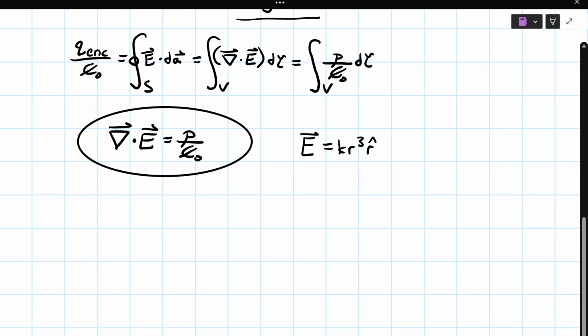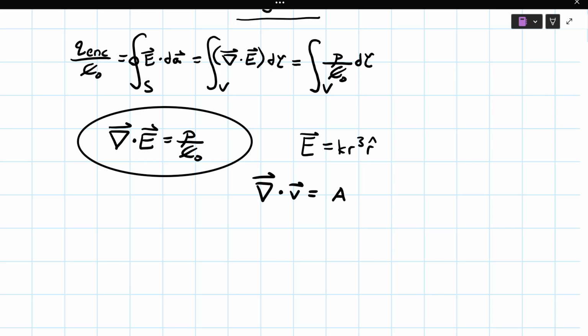And we know that the divergence of some vector field, V, we'll say, for random's sake, actually has 3 parts, that all include some version of the derivative with respect to each of the spherical hat directions.